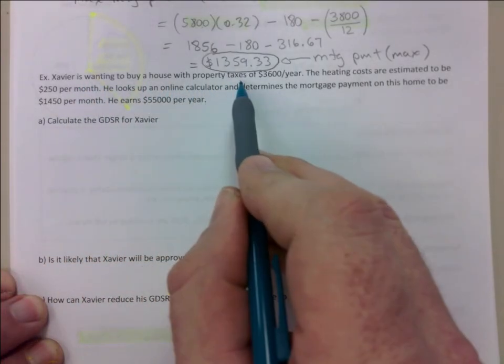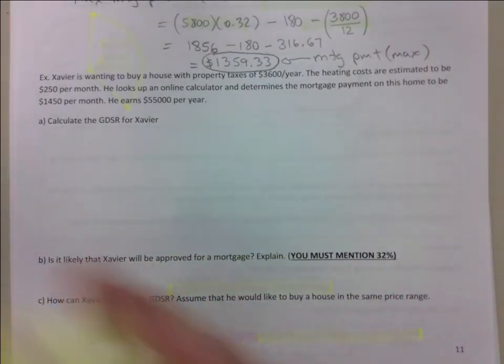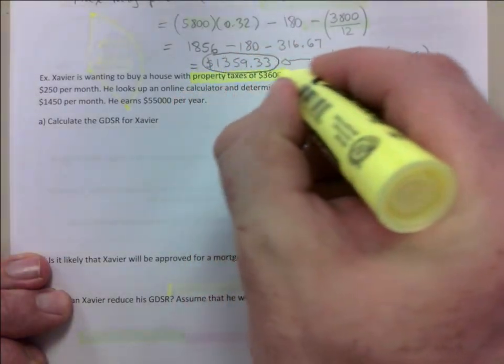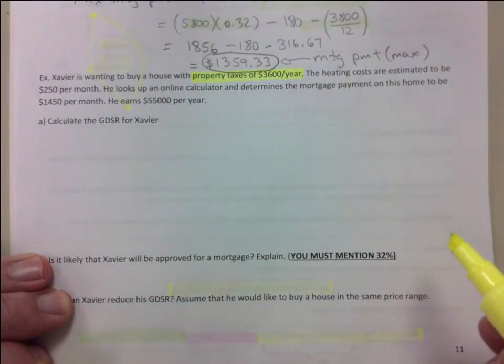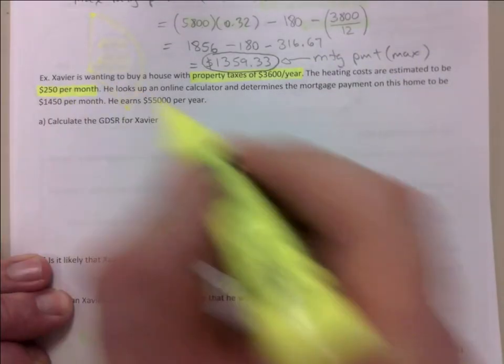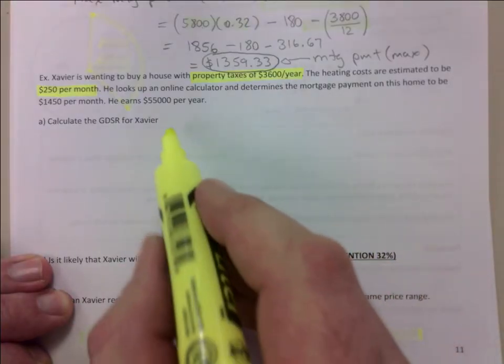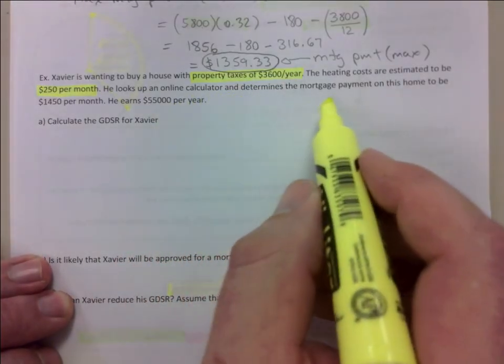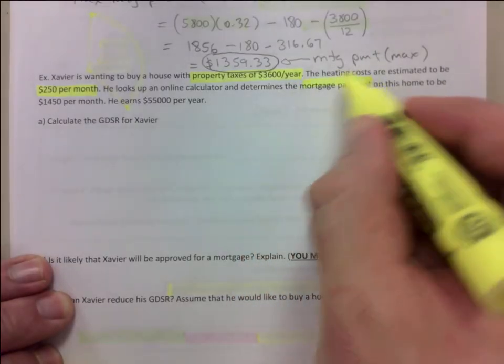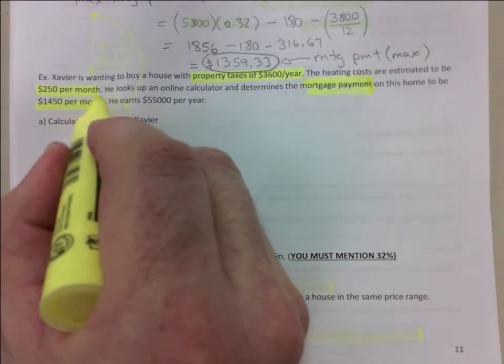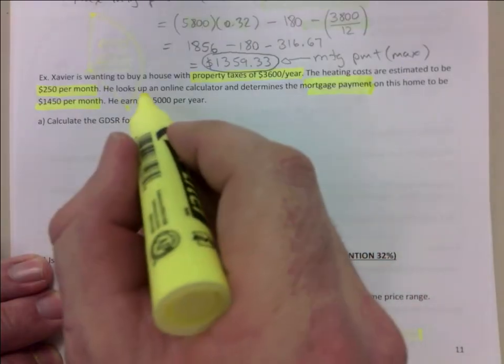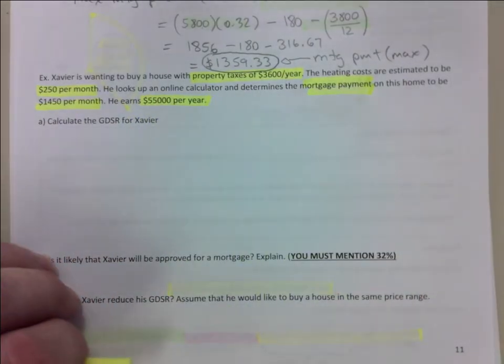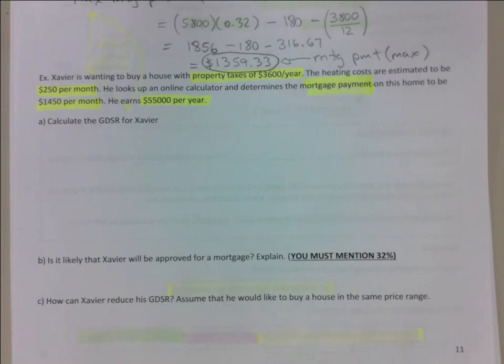Xavier is wanting to buy a house with a property tax of $3,600 a year. That's important. Heating costs are estimated to be $250 a month. He looks up an online calculator and determines the mortgage payment is going to be $1,450 a month. And he earns $55,000 per year.